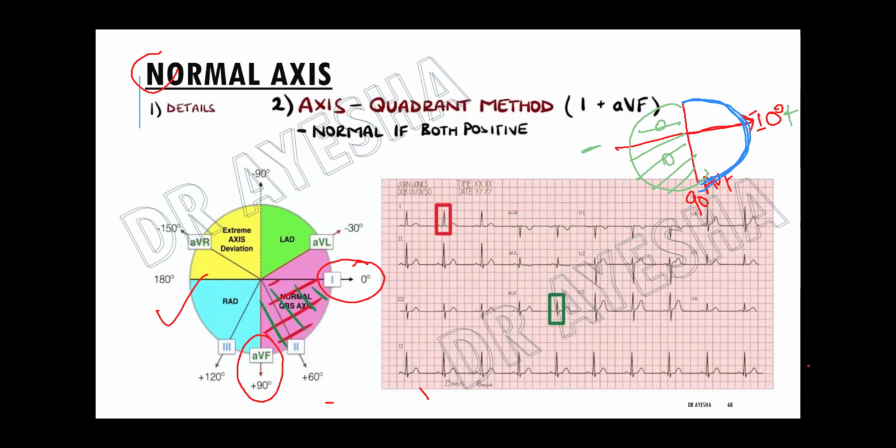Upward deflection means, looking at just one lead, the current direction could be here, here, or anywhere in this quadrant. But we know that if the current direction is over here, it could be left axis. If it is over here, it could be normal. That is why there is a need to add the second lead. One lead cannot tell you about the axis. You have to look at two leads.